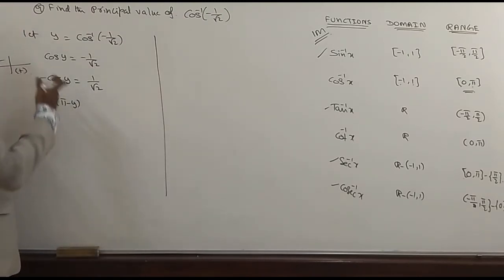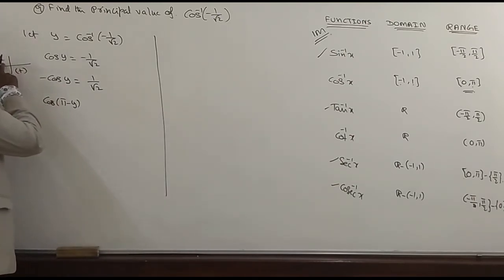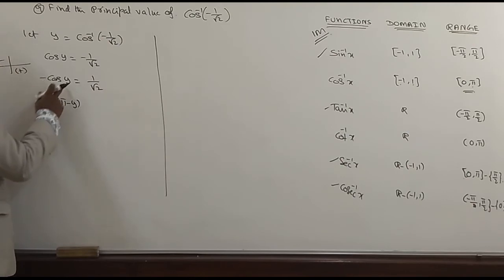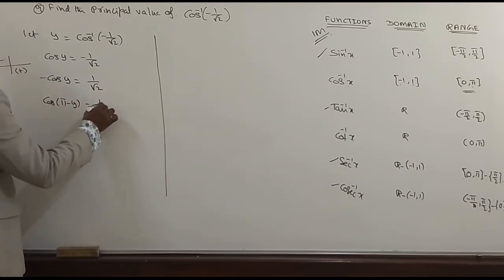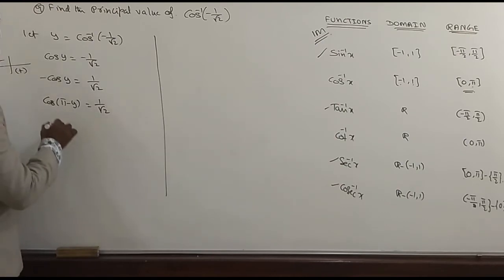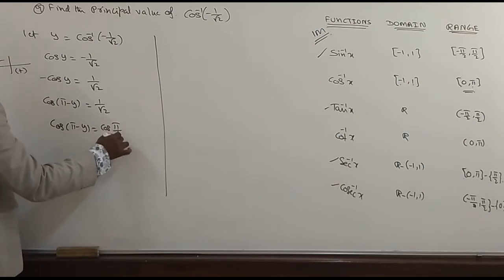In the first quadrant all trigonometric functions are positive, so we can't take it; you have to take the second quadrant. So minus cos y is cos of pi minus y, equal to 1 by root 2. Now cos of pi minus y is equal to 1 by root 2. In terms of cos, we can write cos pi by 4.